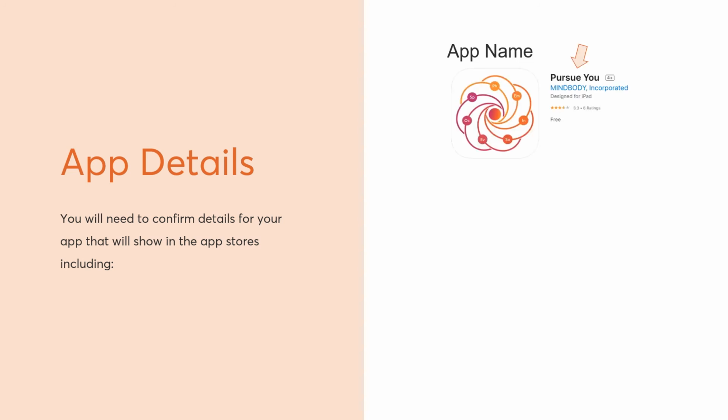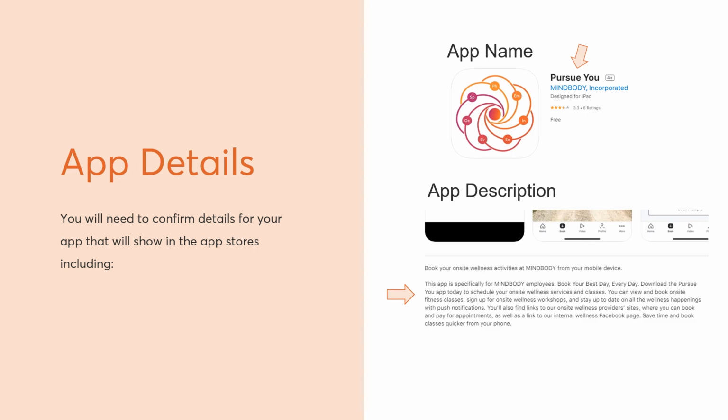The third milestone that you'll need to complete prior to launching your app is to confirm all details for the app. These details will show in the app stores as part of your app listing and include the app name, app description, and search keywords that your clients will be able to use to find your app.